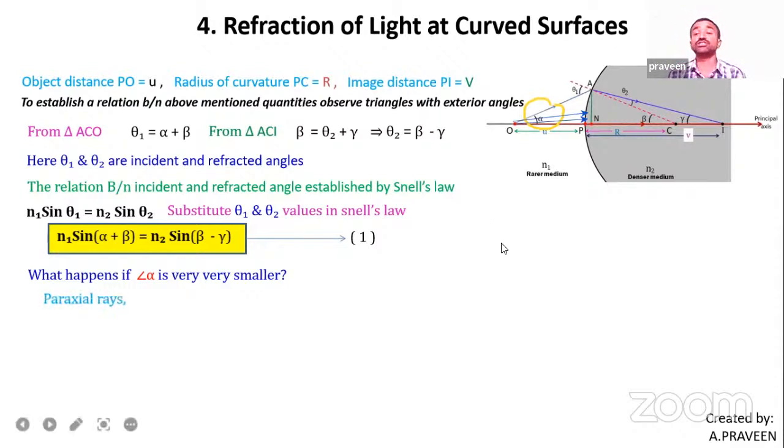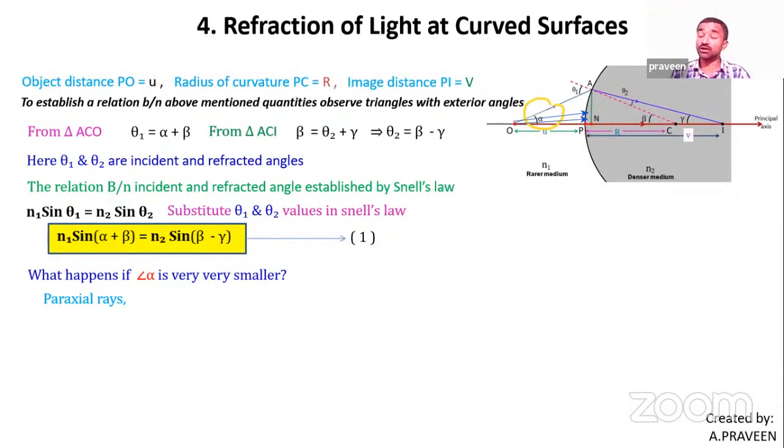The light ray which is very, very close to the principal axis, that means making a very small angle with the principal axis, is called a paraxial ray. Then we approximate those paraxial rays as parallel to the principal axis because alpha will be very small and negligible.